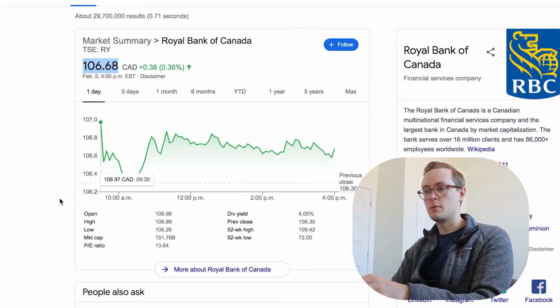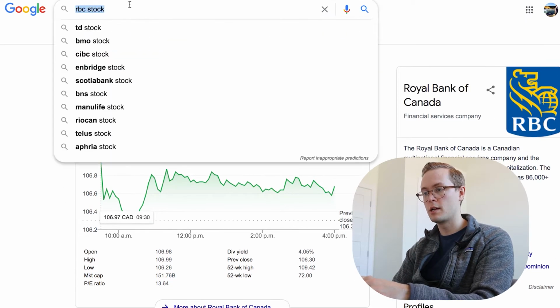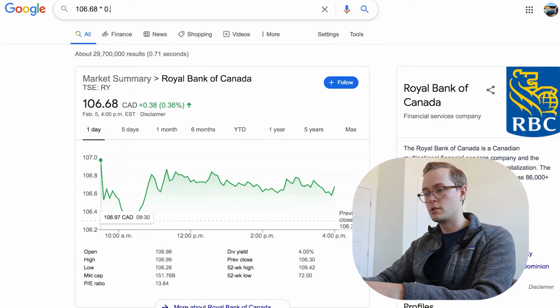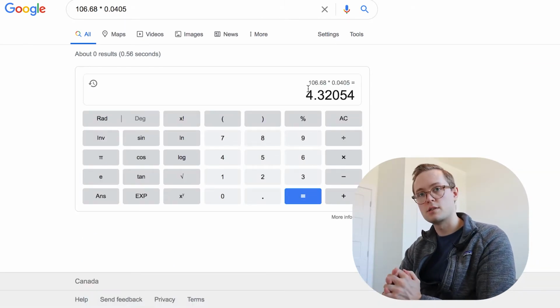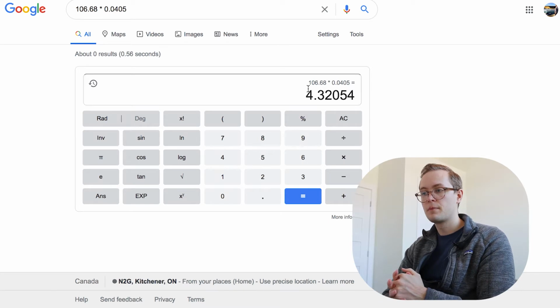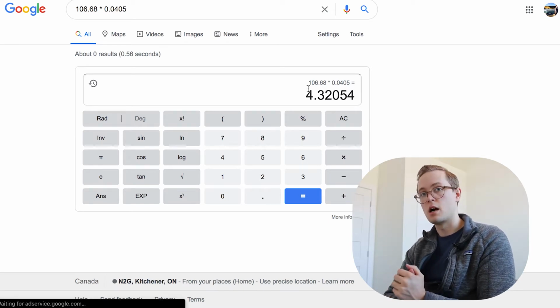If we multiply the current price of this stock times 0.0405, we would get approximately $4.32 per year from owning a single RBC stock.